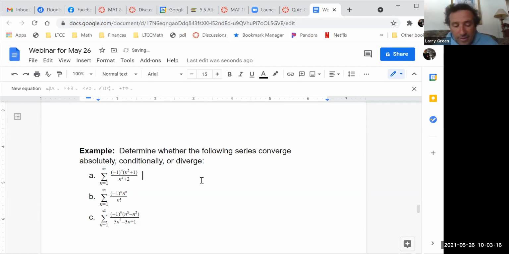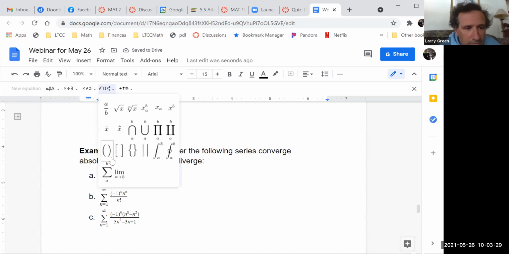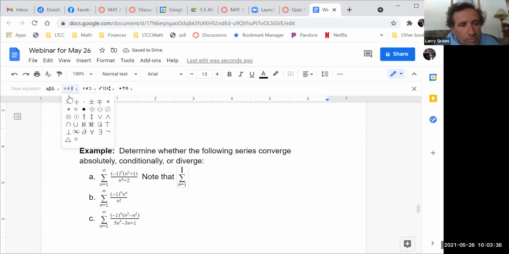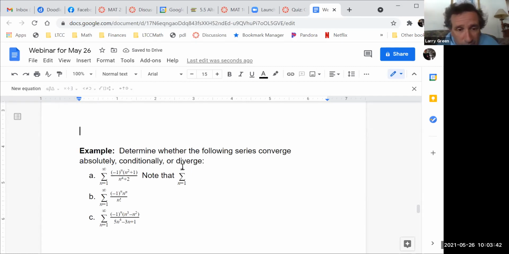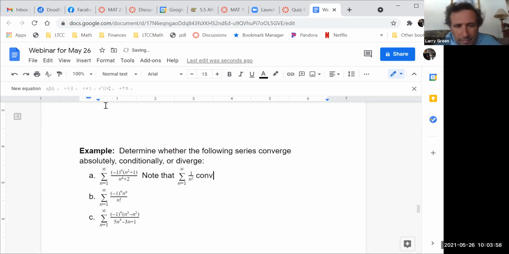So instead, note that the summation n equals 1 to infinity of 1 over n squared converges by what test?